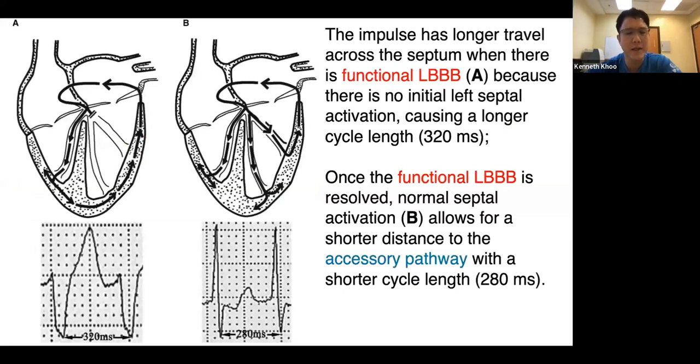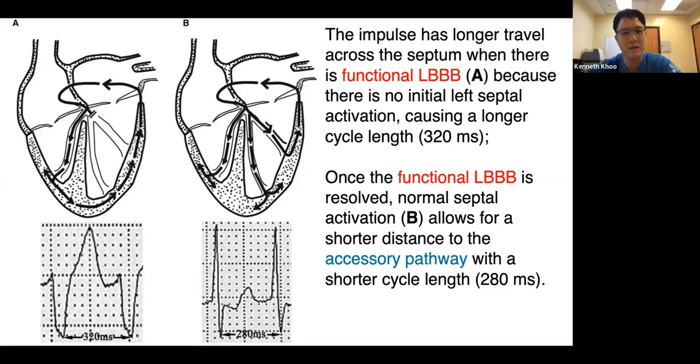Now, this is a very nice schematic diagram that represents what Kuhlman's phenomenon is. In this case, the patient has a left lateral accessory pathway, and when AVRT is established, functional left bundle branch block occurs.